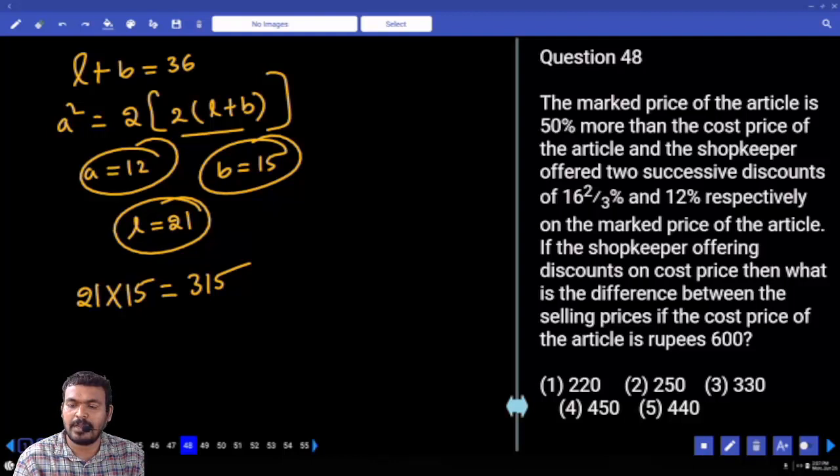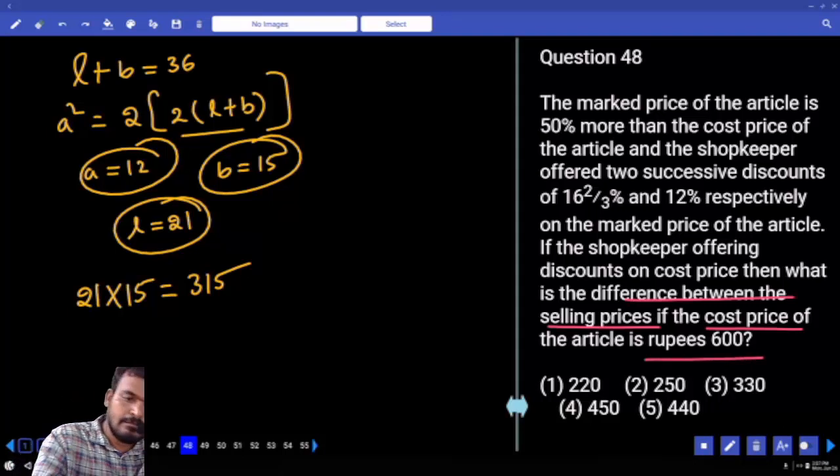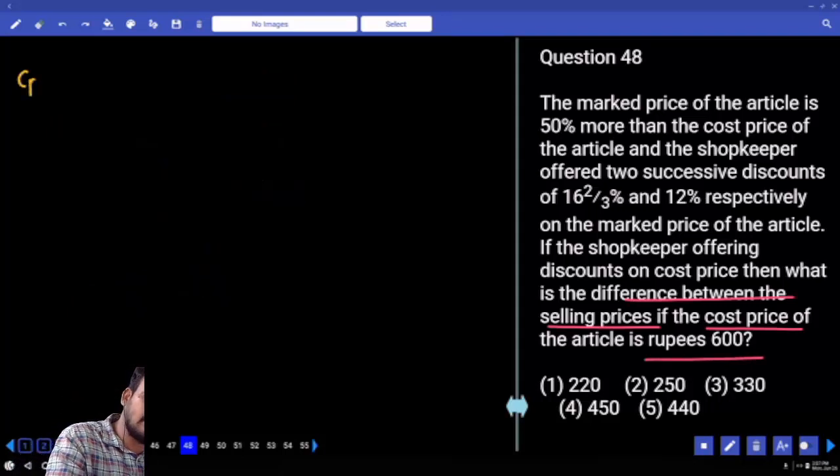If the shopkeeper offers discounts on the cost price, then the difference between the selling prices, where the cost price of the article is 600. What do we require? Difference between the selling prices or cost price? Selling price. But cost price is given, how much? 600.